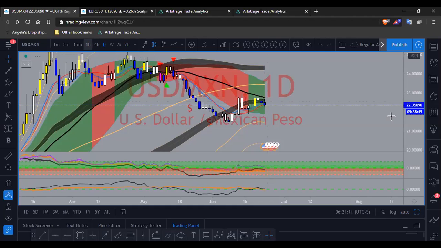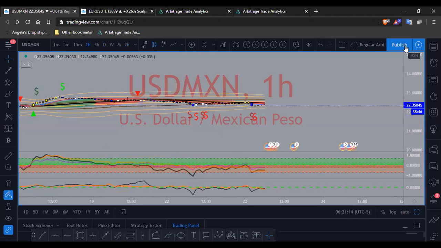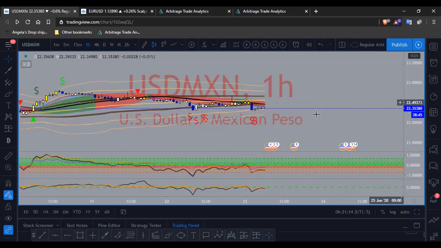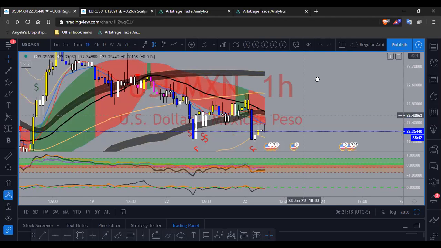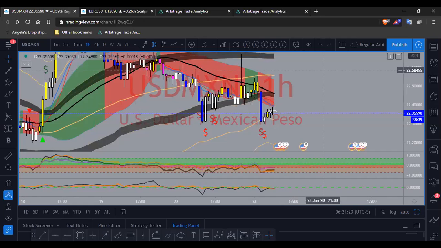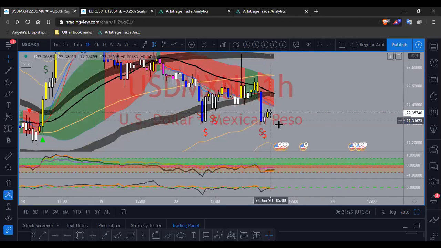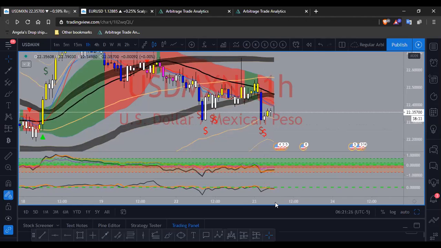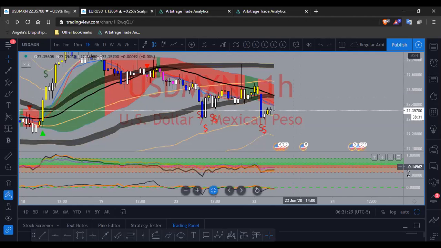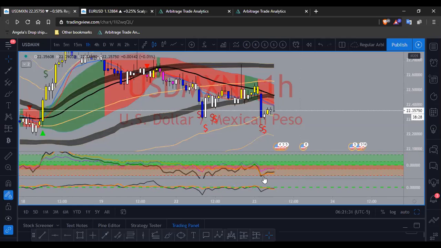For USD Mexico, I'm not really feeling how the bands are currently looking. I'm not really a fan. Currently, we see these oversolds right here on the front, especially when you look at the arbitrage Z, you can see that price had dropped under this line and then came back up. So that's what gave us the oversolds.